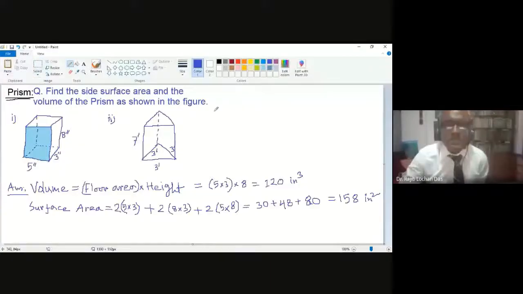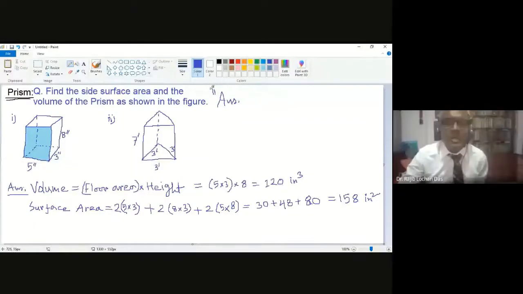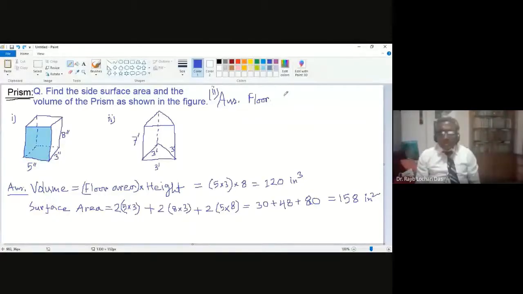So you find out the floor area first. For the second question, you find out the floor area separately, because in this case you need to calculate. So what is the floor area? It is a triangle, and this will be this. So 9 by 2, so 4.5.